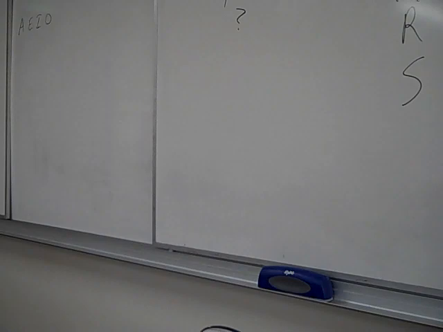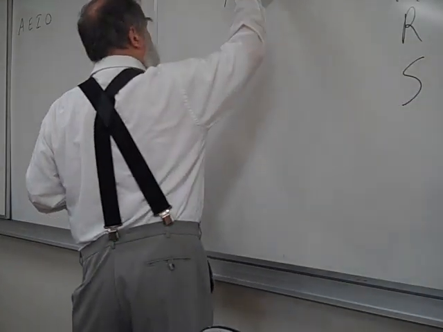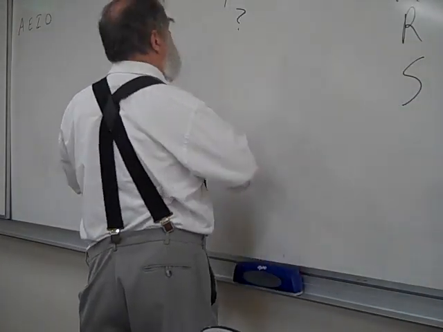If S is false, and not false would make it true, then 2 would be true. So not knowing what the truth value of S is means that we don't know what the truth value of that is.